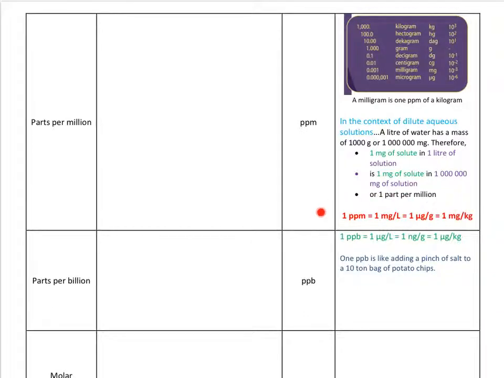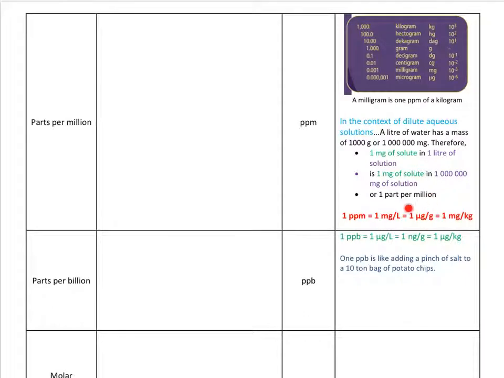And so if we look down here, we can come up with some units that we can more readily measure, and use those units to express a part per million. So if you have 1 milligram per liter, you've got 1 part per million.